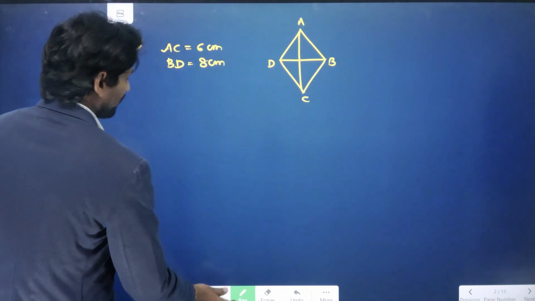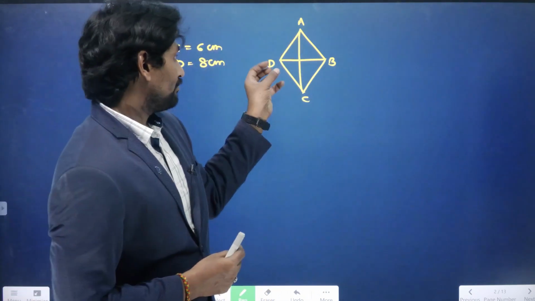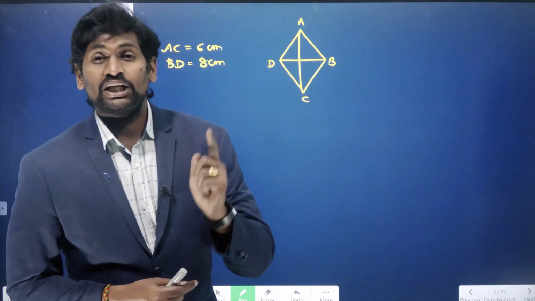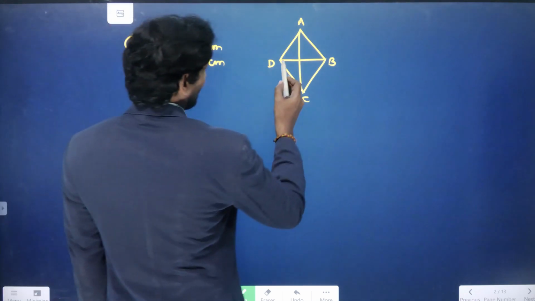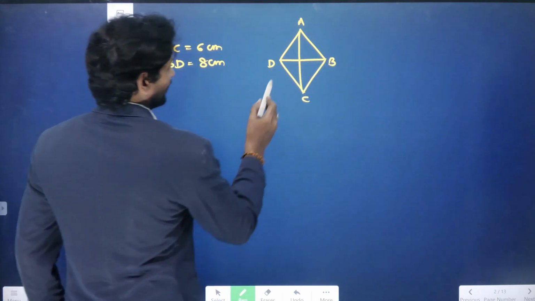But before that, we need to remember the properties of a rhombus. According to quadrilaterals, the diagonals of a rhombus are perpendicular bisectors. That means each diagonal is divided into two equal parts. For example, BD is 8 centimeters.